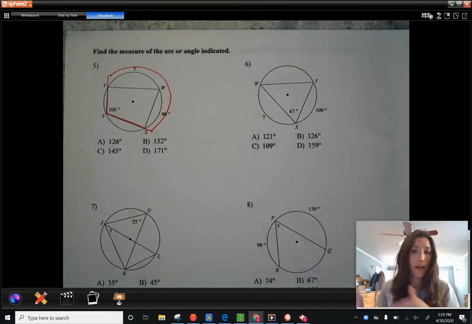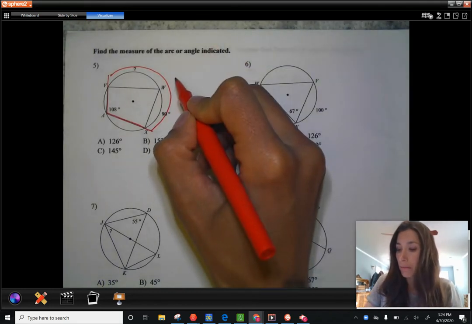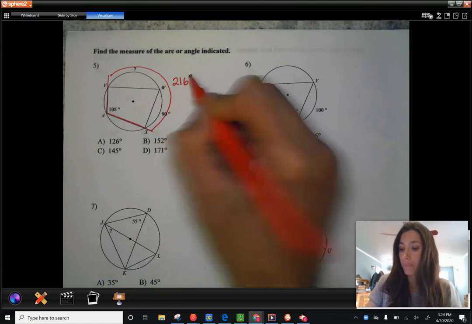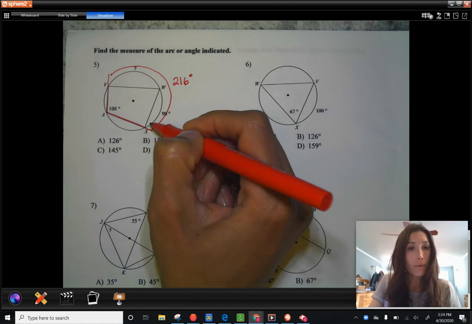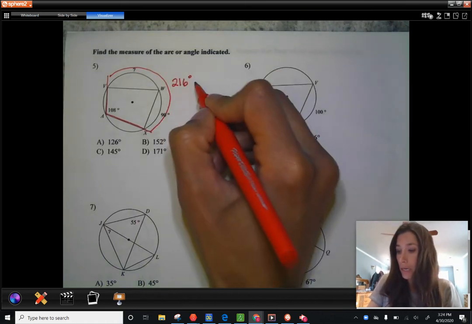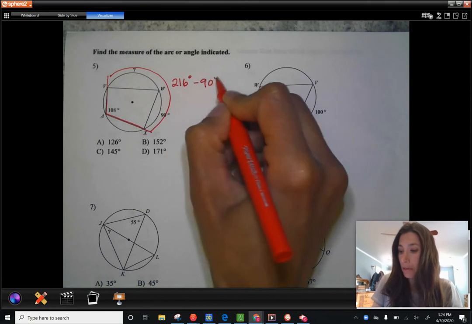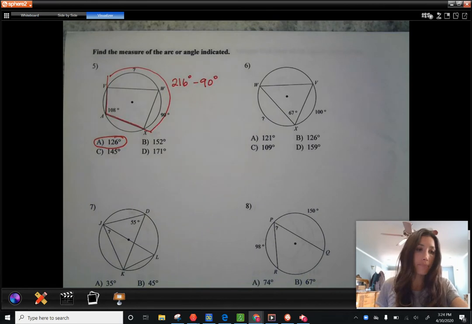So that arc that I've highlighted is double the amount of 108. So that's going to be 216. And then if I know this portion here is 90, I would know that the question mark piece that's left would be 216 minus 90. So that's going to be 126 is what's left there.